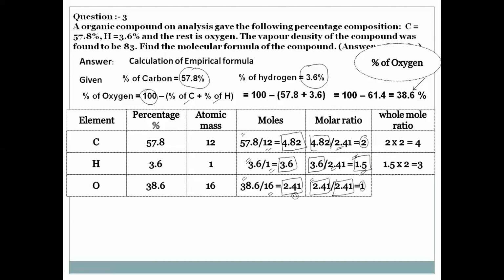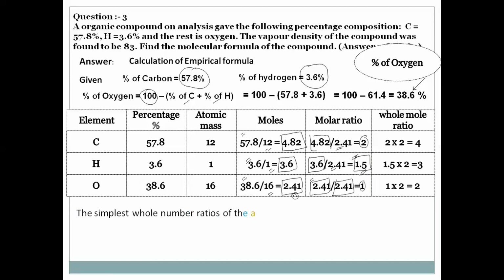I told you in the previous video that we follow this step only when any molar ratio comes to be in fraction. So the whole mole ratio of oxygen is 1 into 2, 2.